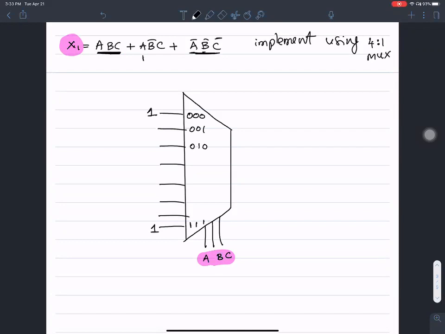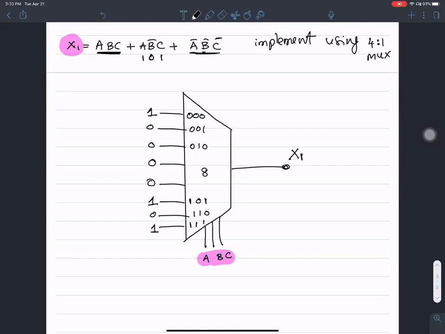A, B naught, C is 1, 0, 1, and that guy is a 1. And the rest are all zeros. If I do that, then the corresponding output is going to be this guy, x1.